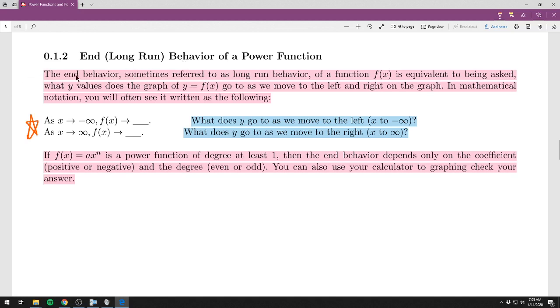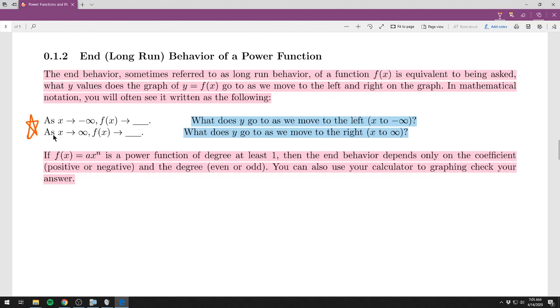The end behavior of a function f of x is equivalent to being asked, what y value does the graph of y equals f of x go to as we move to the left and to the right? Don't worry, we'll have an example of this.